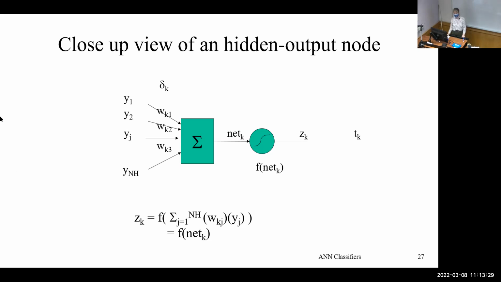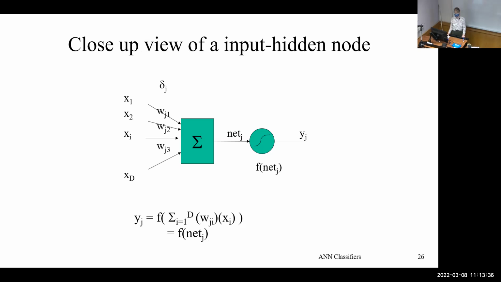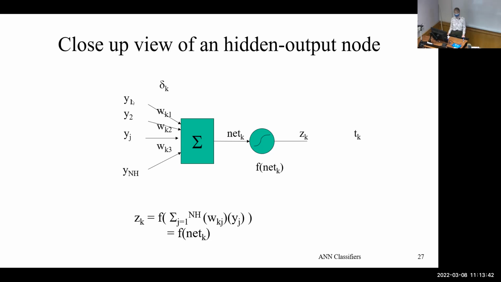And because you did the stuff earlier, you also have Y values, the Y values that came out of the first layer. You've got all these stuff calculated. You have all these Ys, all these nets, all these Zs, all these Ts.